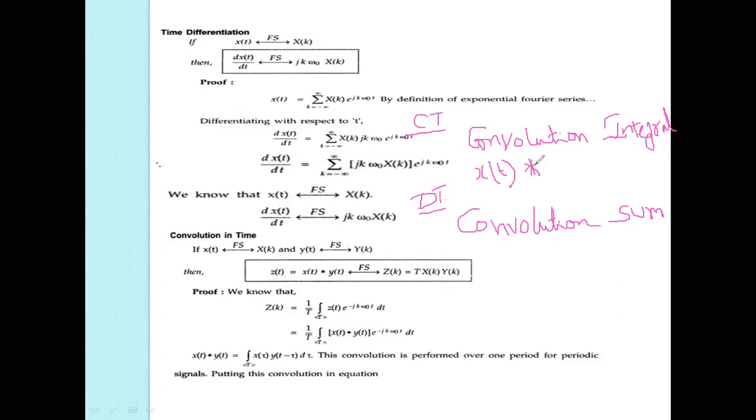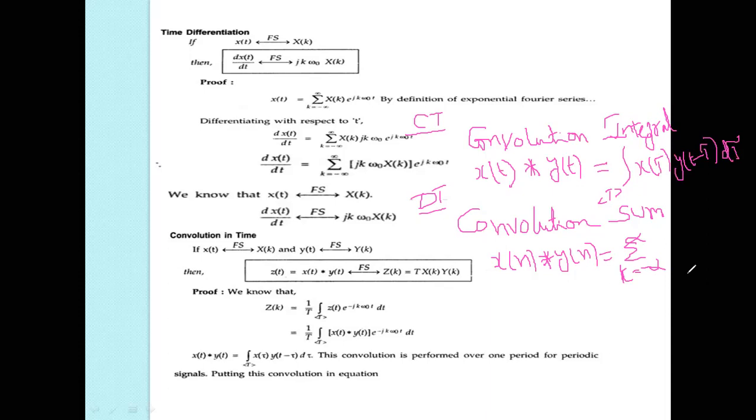The convolution symbol is an asterisk. For continuous time, y of t is equal to the integral from minus infinity to infinity of x of tau, y of t minus tau, d tau.